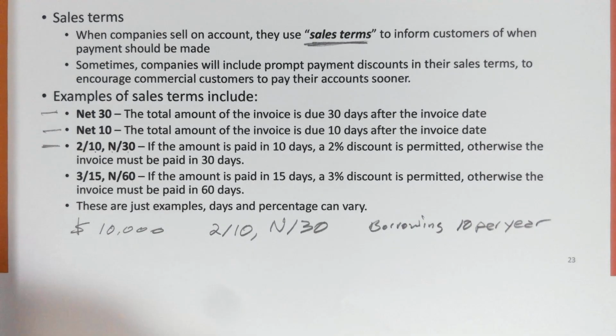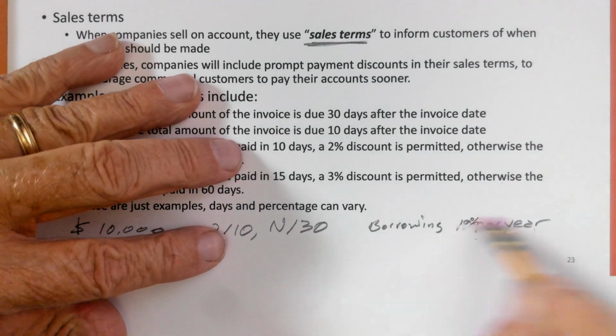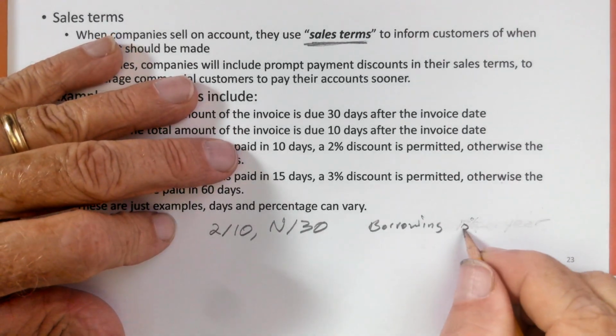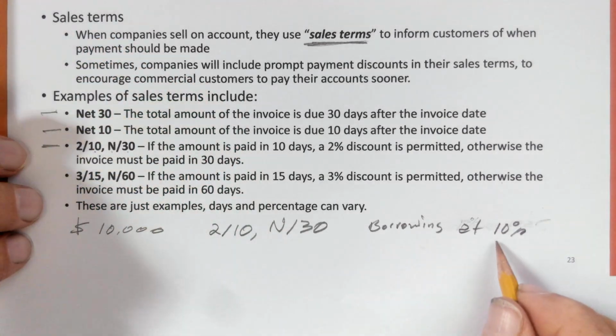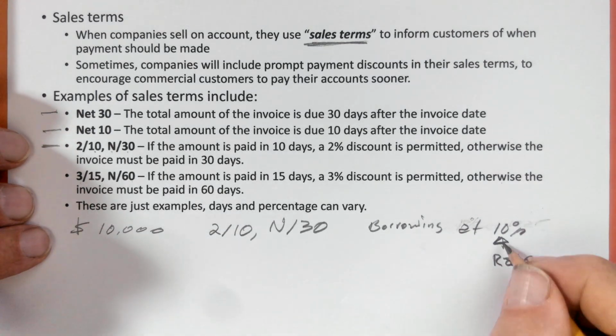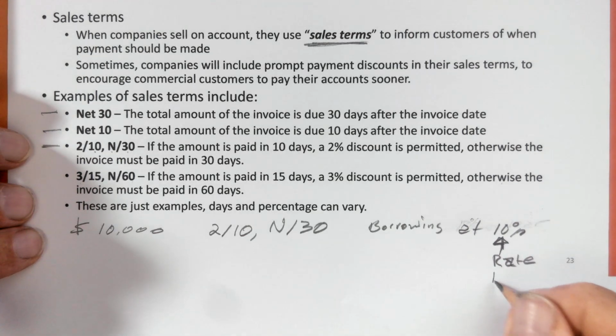So they're at a 10% interest rate. And this is an interest rate, and the reason I call it a rate instead of just a percentage is it's a rate of interest for 1 year.